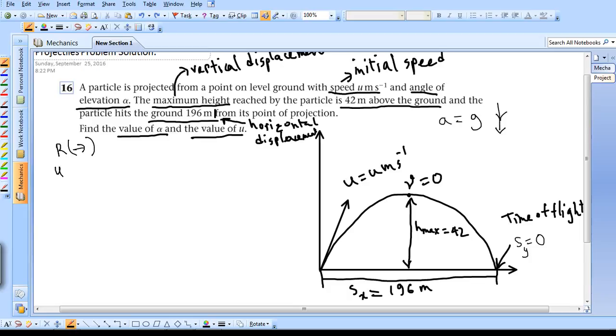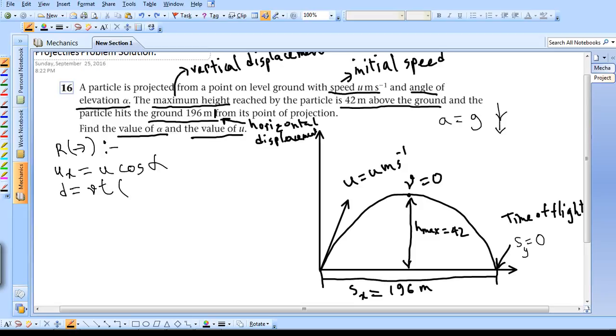Since we are resolving horizontally, we will take the horizontal component of velocity, which is ux, equal to u cos alpha. Here we will use another equation, which is d equals vt.